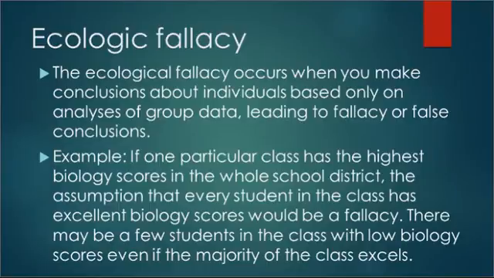For example, if we look at a class that has really high biology scores, let's say they're the highest in the whole school district, we might assume that every student in that class has excellent biology scores. But that might not be true. There might be a few students in the class that have low biology scores, even if the majority of the class excels. So with ecologic fallacy, we're making assumptions at the individual level sometimes, when actually the data were collected at the group level.